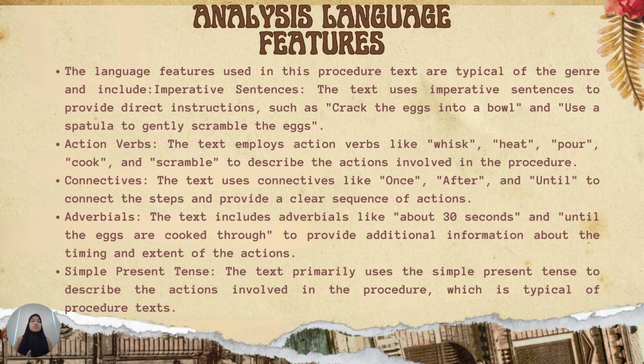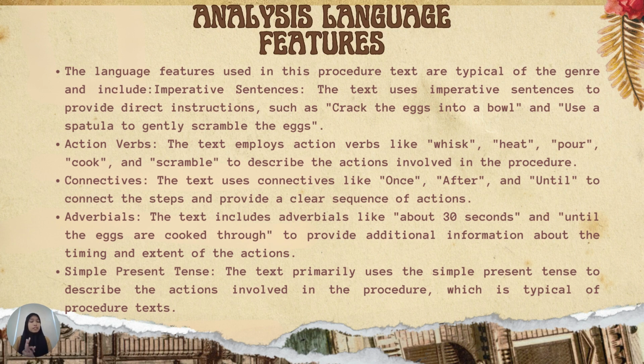And now let's analyze the language features based on the example. The language features used in this procedure text include imperative sentences. The text uses imperative sentences to provide direct instructions such as crack the eggs into the bowl. Action verbs. The text employs action verbs like whisk, heat, cook, anything about the action activity.